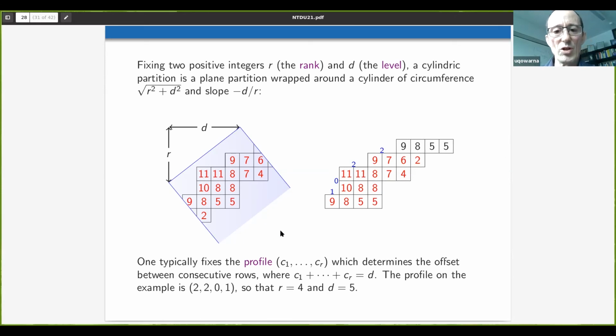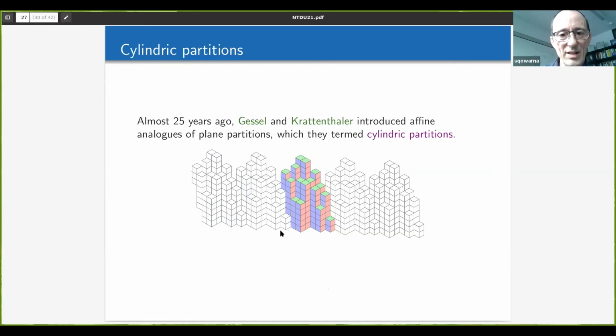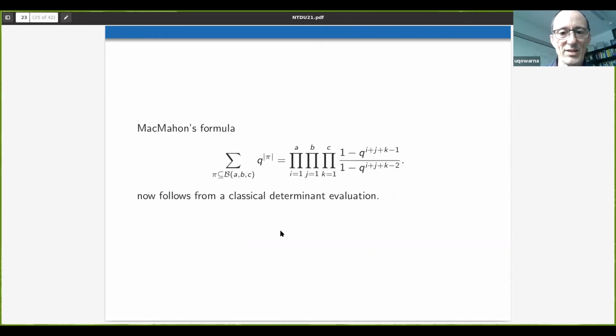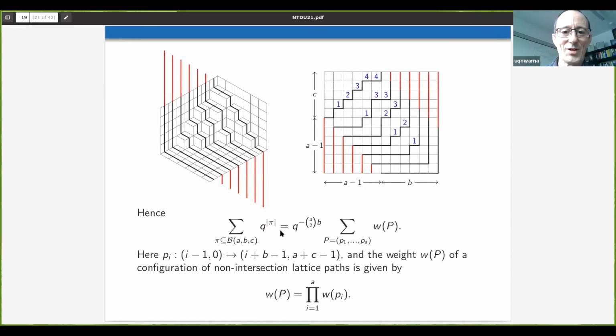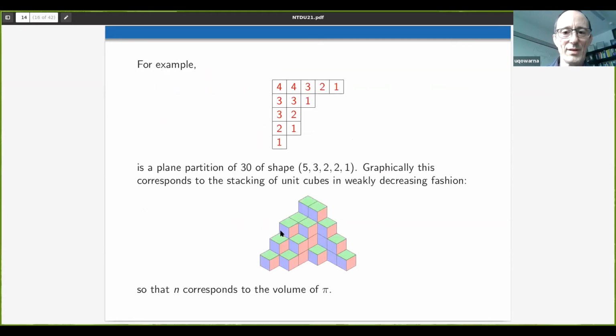So if you want to be able to do that, I know this is bad practice, but I'm walking back to an ordinary plane partition. So here is a plane partition, and I'm taking this picture here, rather than the unit cubes. If you want to wrap this around a cylinder, you have a problem, because this last row is only length 1.